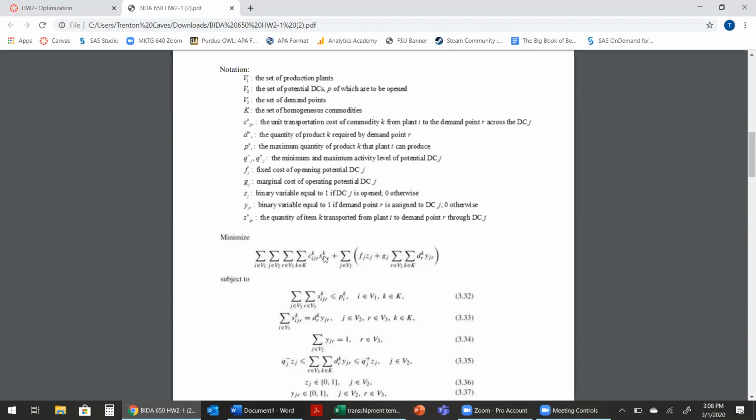S sub IJR to the K is the quantity being transported. The second part of the question, the F sub J Z sub J, is the opening cost for our distribution centers. And the G sub J, D sub R K, Y sub J R is the operating cost of our distribution centers.